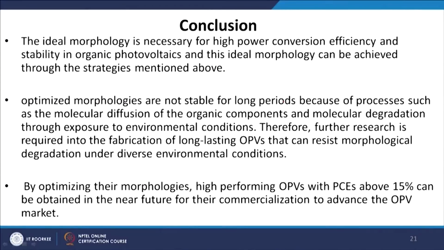Optimized morphologies are not stable for long periods because of processes such as molecular diffusion of the organic components and molecular degradation through exposure to environmental conditions. Therefore, further research is required into the fabrication of long-lasting OPVs that can resist morphological degradation under diverse environmental conditions. By optimizing their morphologies, high-performing OPVs with PCE above 15% can be obtained in the near future for commercialization to advance the OPV market.